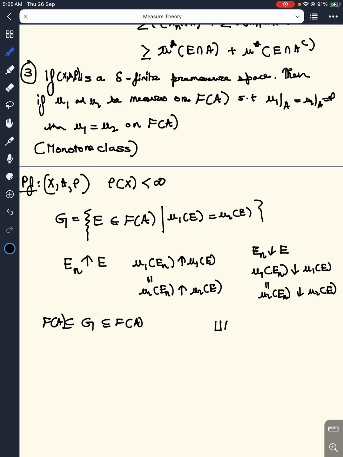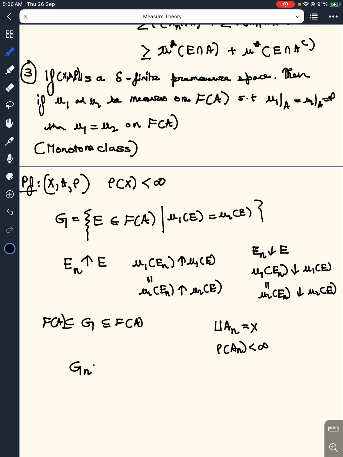So assume X is a disjoint union of A_n such that rho of A_n is finite. Well, sigma finite says it is a union, but you can disjointify it, and since the union is the same and they are subsets, they will still have finite measures, so you can do this.